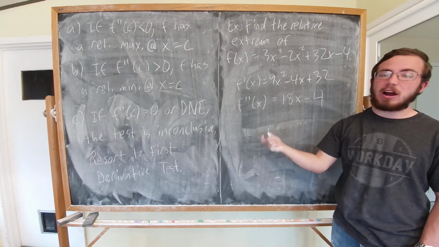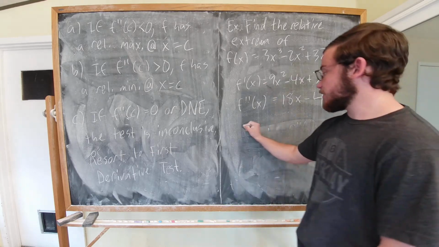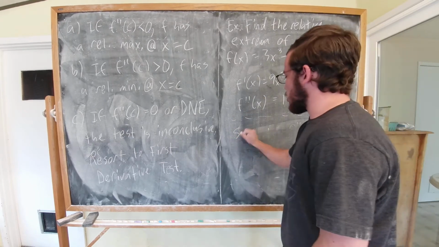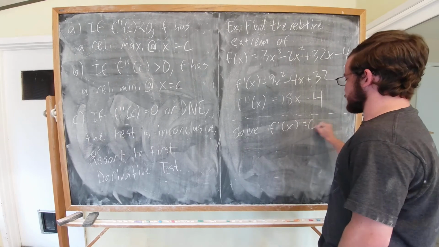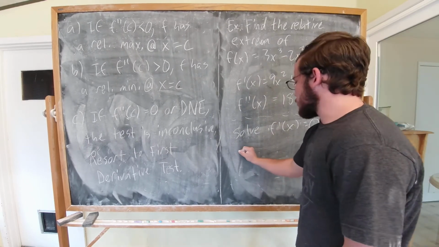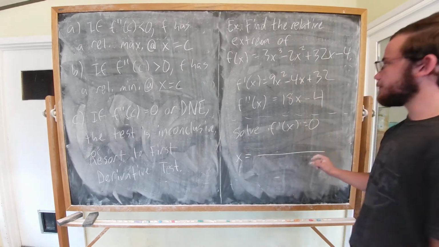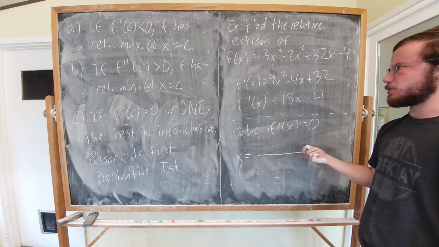Okay, now we need to compute the critical numbers of f where f prime is 0. So that's step 1. Step 2, we solve f prime of x equals 0. By the quadratic formula, x is going to equal, right, we have a quadratic here. I'm just going to use the quadratic formula for it.